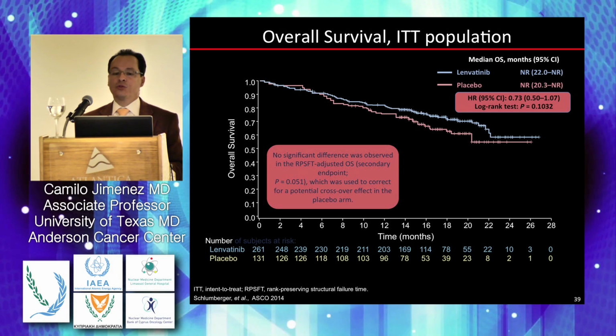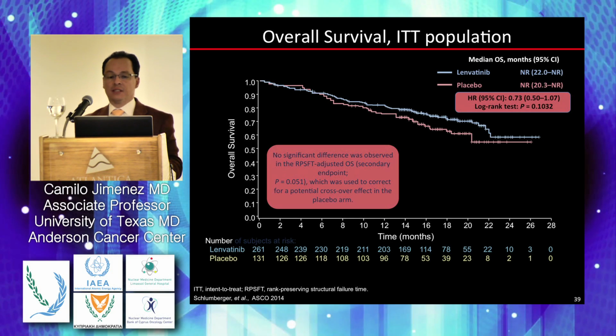In regards to overall survival, this is a very interesting analysis. The median overall survival for Lenvatinib seems to be longer than the one that we see in the placebo group. It is one of the very first examples in solid tumors associated with tyrosine kinase therapy in thyroid cancer that is associated with improvement in overall survival, which is the reason why our new guidelines from the National Comprehensive Cancer Network consider the use of Lenvatinib as the first-line therapy for the treatment of thyroid cancer above sorafenib.